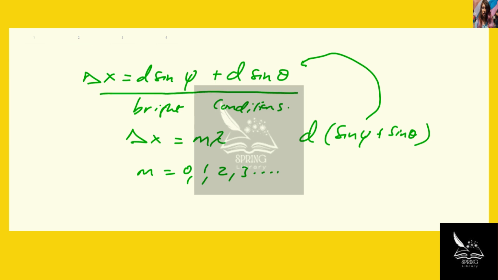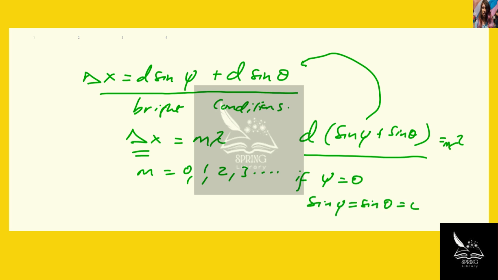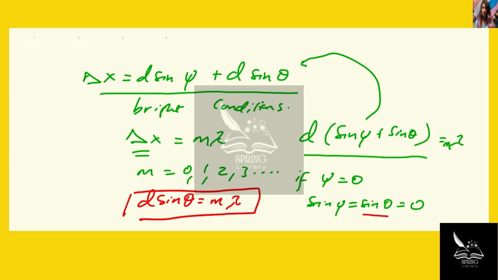So this is the same as m lambda. So if phi is 0, it means that sine of phi is sine of 0, which is just 0. So it follows that d sine theta equals m lambda. And the reason why that happens is whenever sine of phi is 0, if you plug that in right here, you make this 0, and you end up with d sine theta equals m lambda.